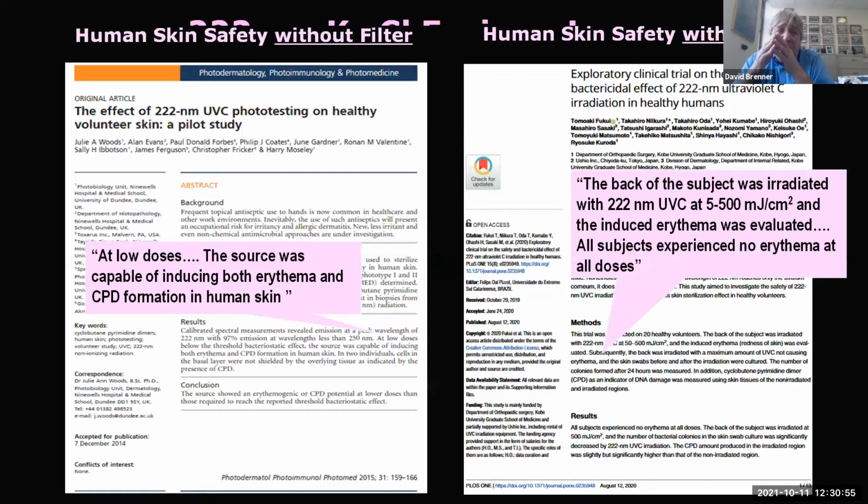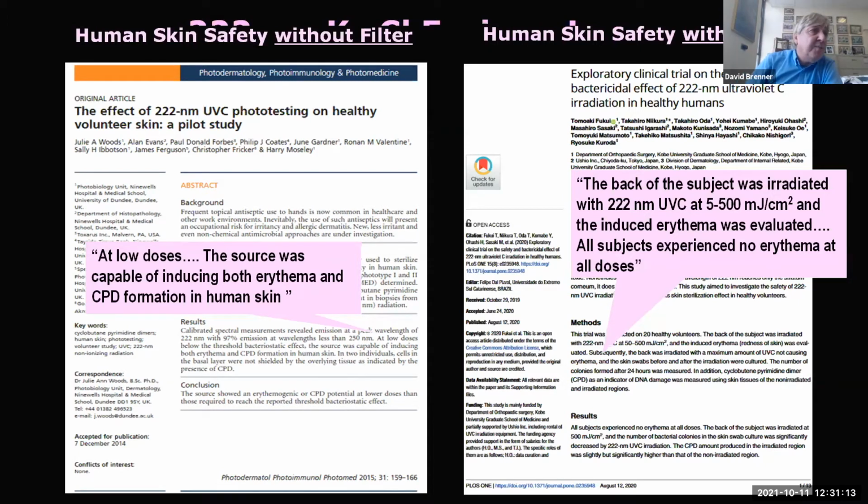So the rationale for that is a couple of papers here. This paper on the left was the one paper out of all the ones that have been published that has shown some erythema or DNA damage in exposed human skin.